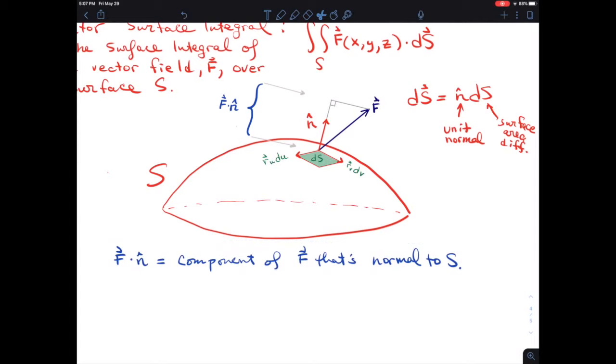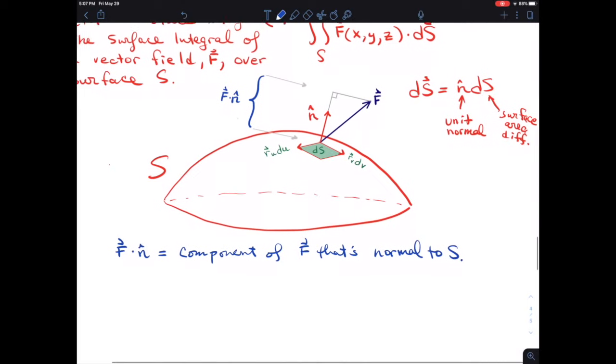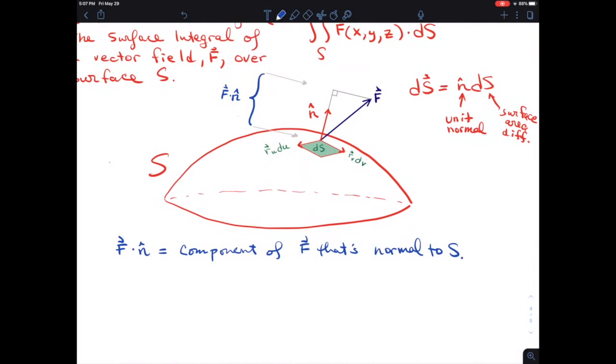Okay, so that's just the meaning of that part. And when you do f dot n dS, now you're multiplying by surface area. So f dot n dS, capital S there, is the normal component of f times the differential surface area.